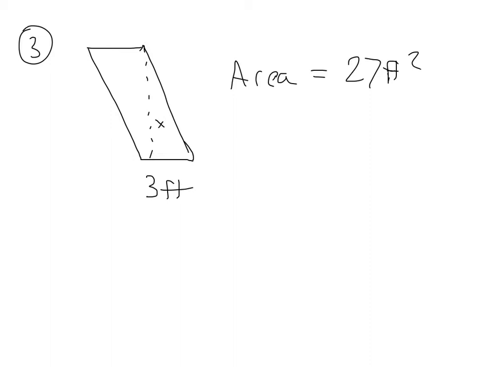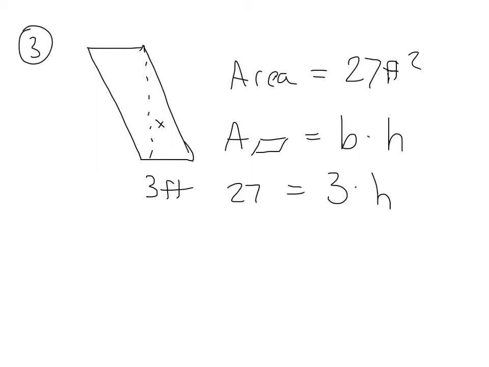So we want to know the height. Well, how do we do that? We know the area of a parallelogram is found by taking the base times the height. That's the formula. And even though we already know that the area is 27 feet squared, we can use that to help us find the unknown height. So 27 feet squared equals the base, which is 3, times h, right?